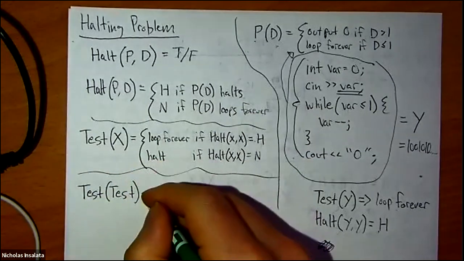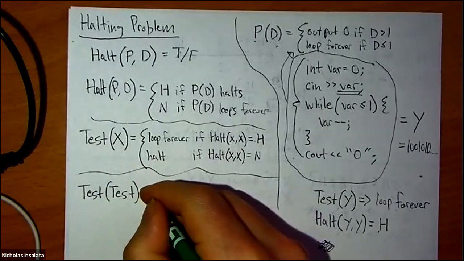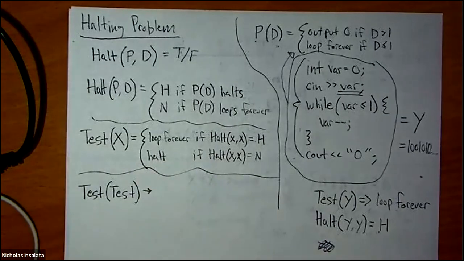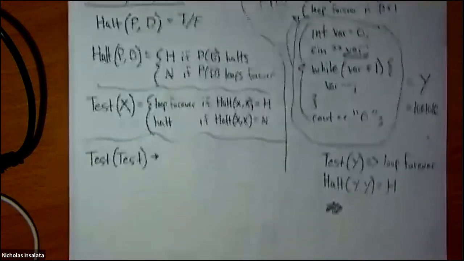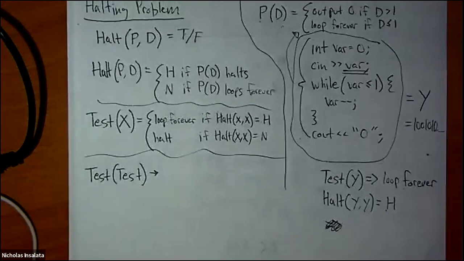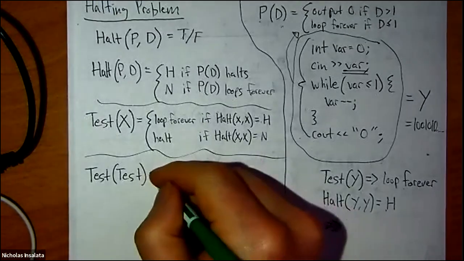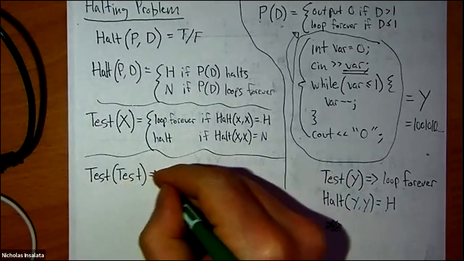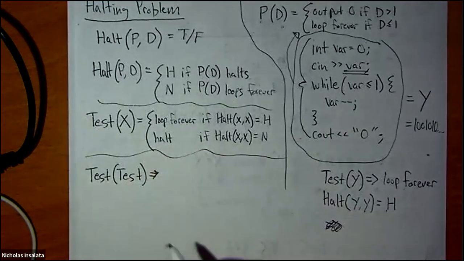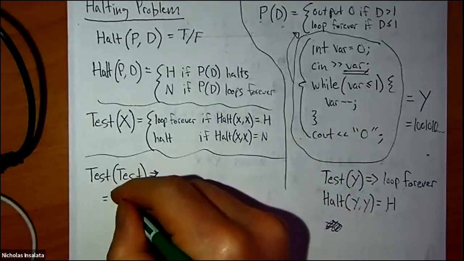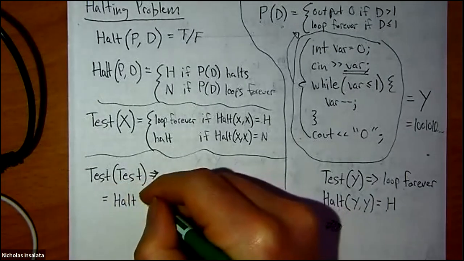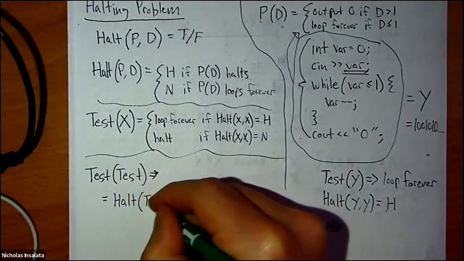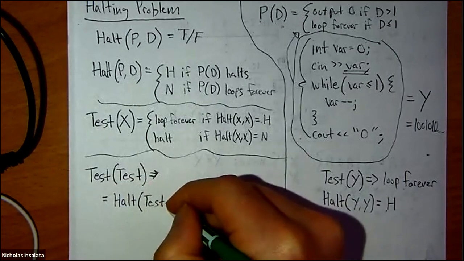Here's the recursive part. Okay. Now what's going to happen? Well, test running on itself, what's it going to do? Well, this equals, let's say, halt of test on test.